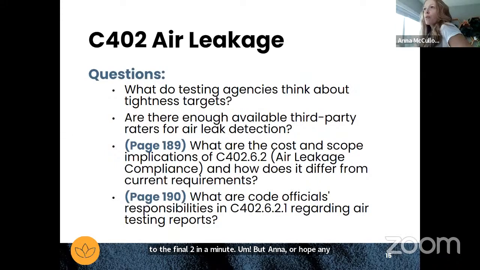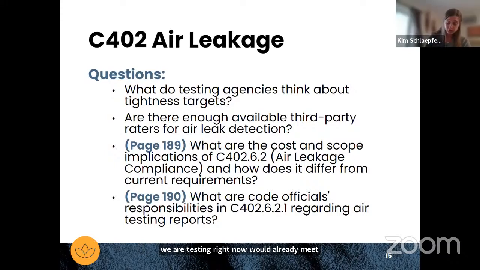Yeah, so Group 14, we do air leakage testing. And I talked with our building enclosure team about the new requirements, and they do not have any concerns about the tightness targets. Most of our buildings that we are testing right now would already meet these requirements.